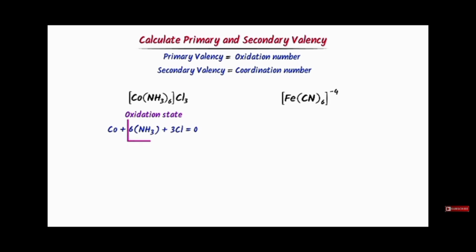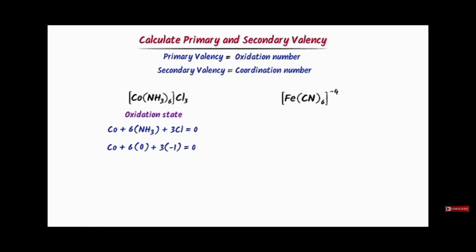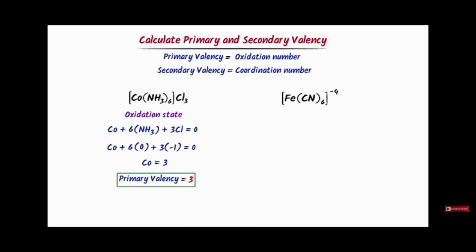We know that NH3 is a neutral molecule, so its oxidation state is 0 and that of chlorine is negative 1. So I write Co plus 6 into 0 plus 3 into negative 1 equals 0. After calculation, I get positive 3. The oxidation state of cobalt is positive 3. So the primary valency of cobalt is 3. Here we can see that there are 6 ligands of NH3. So the secondary valency of cobalt is 6.